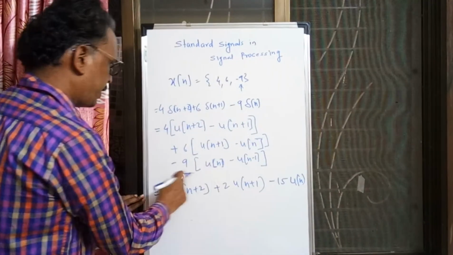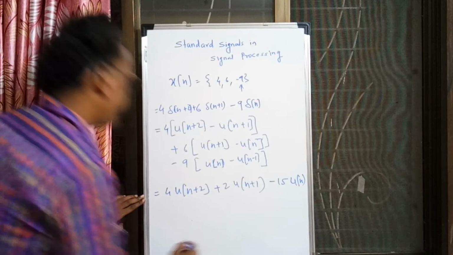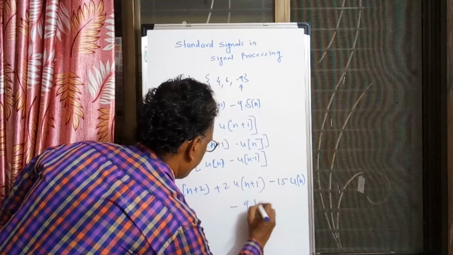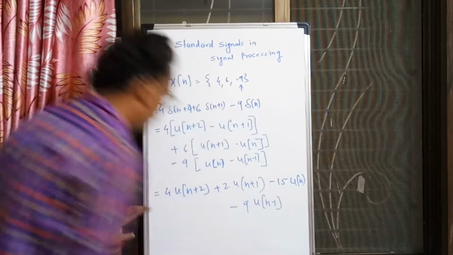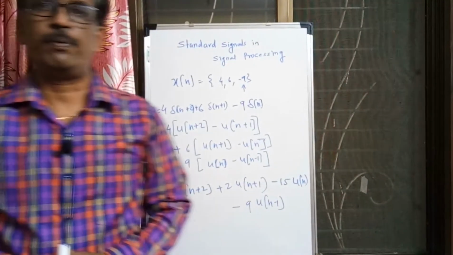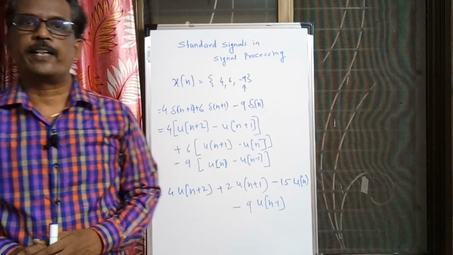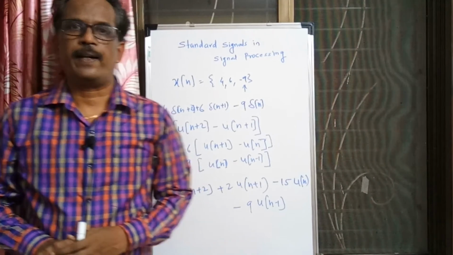And the last is minus 9 u of n minus 1. So this is the representation of signal x of n in terms of a linear combination of weighted and shifted unit step sequences.